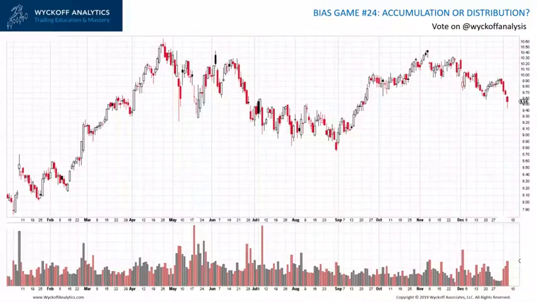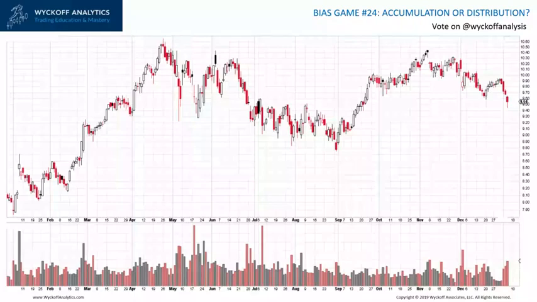Why was it difficult? For those of you who did not guess this correctly, do we know the bias here? Yeah, the bias is to the upside. It's a reaccumulation. So for those of you who said it was a distribution, what was the difficulty?